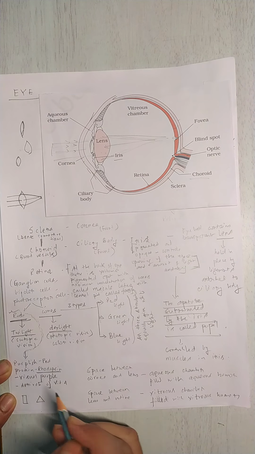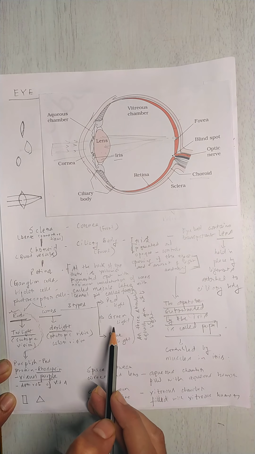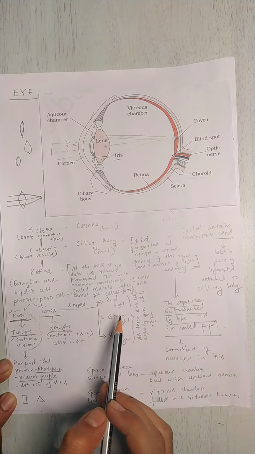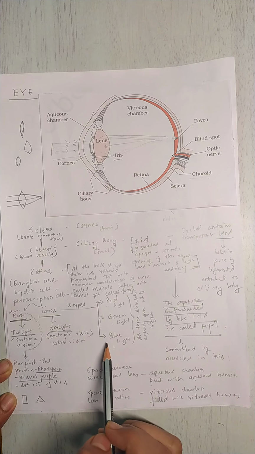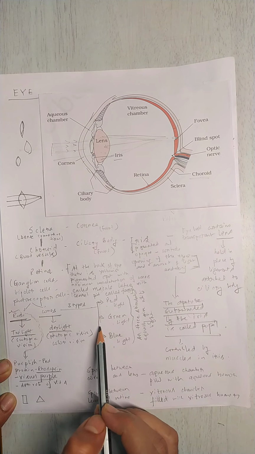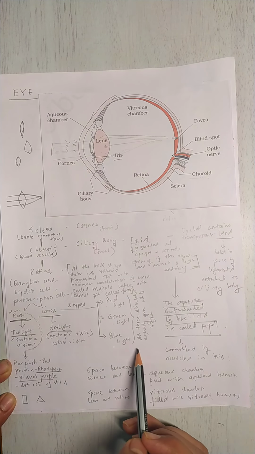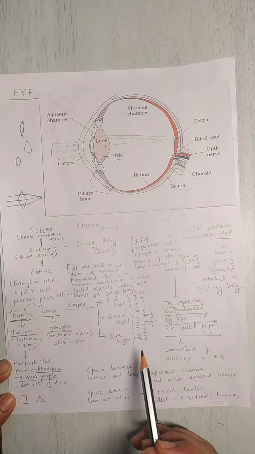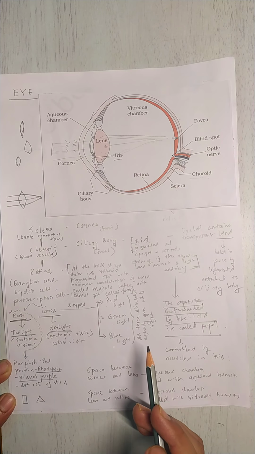And in the cone cells, there are three different kinds of photoreceptor cells. One is for red light, one is for green light, and one is for blue light. When all these three different kinds of cells are stimulated together, you have the sense of white light. White light, as you must have read in physics, is a combination of all different colored light.